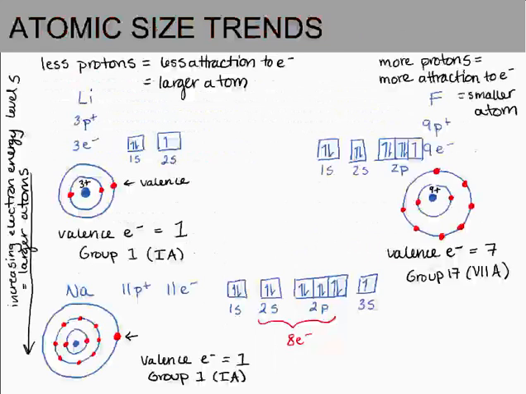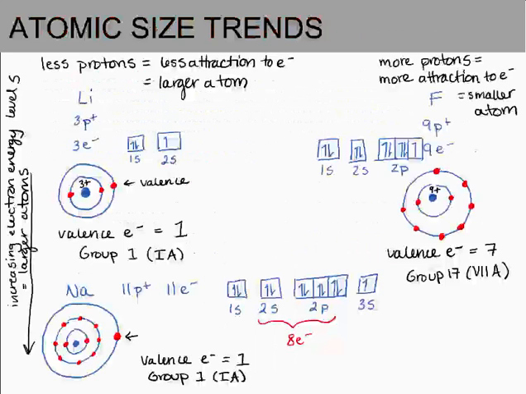So it's going to be a lot harder to remove an electron from fluorine because all those electrons are really attracted to the nucleus. So we would have to put in way more energy into fluorine in order to extract an electron. But in lithium, which is on the left side of the periodic table, the electrons are not as attracted to the nucleus, so it's pretty easy to take an electron away.